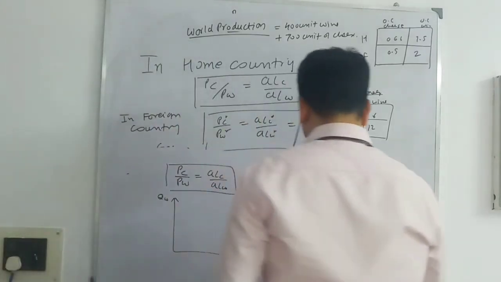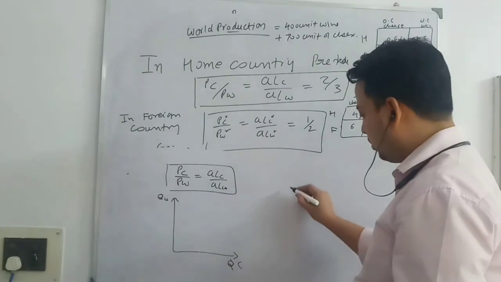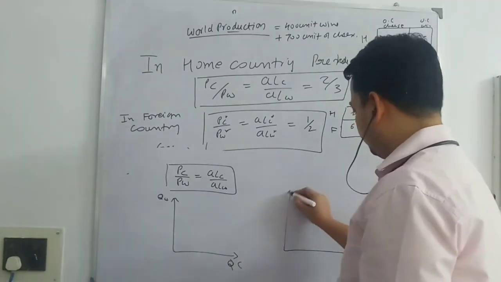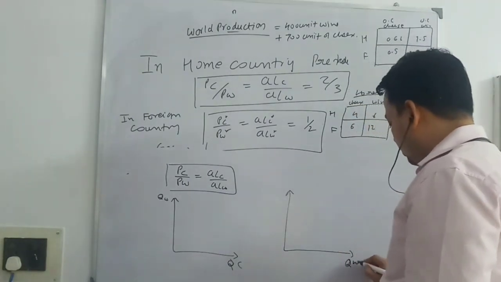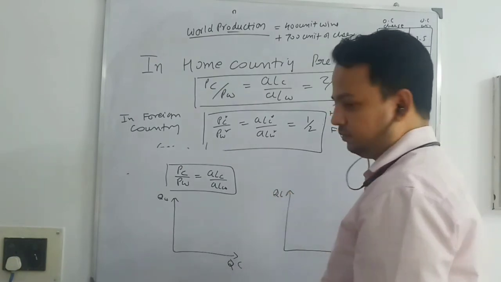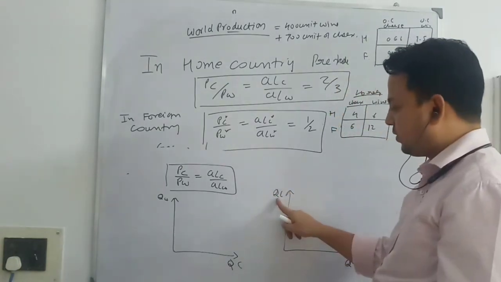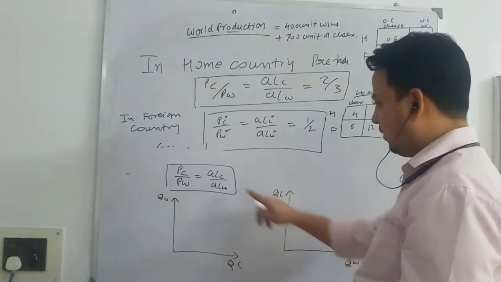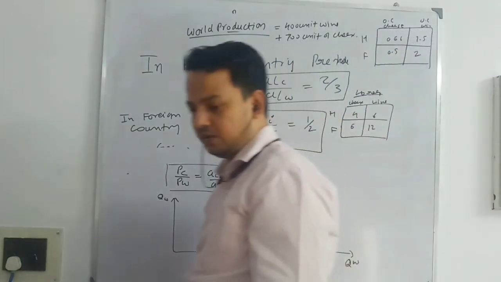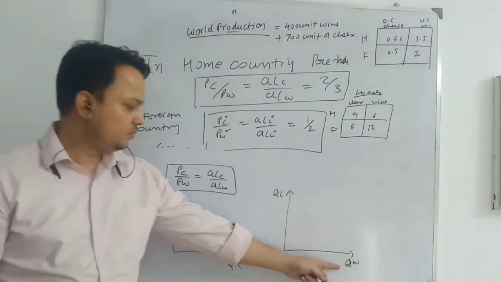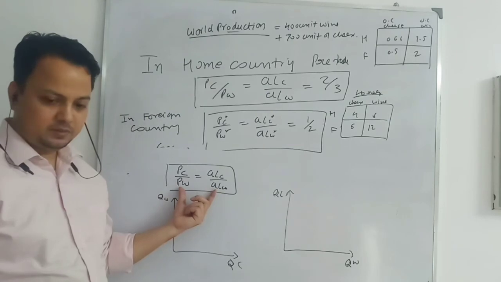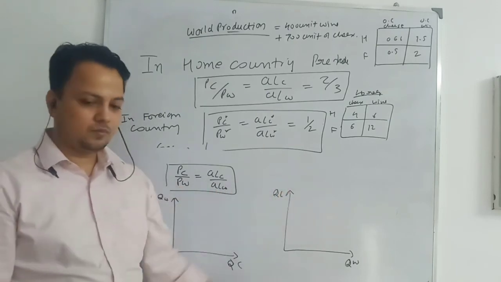So from tomorrow onwards, I am going to analyze this one. QW, QC. I will take the quantity of cheese here and quantity of wine here when I am thinking in terms of this equation. When I am changing this, what will this equation be? Can anyone tell me?